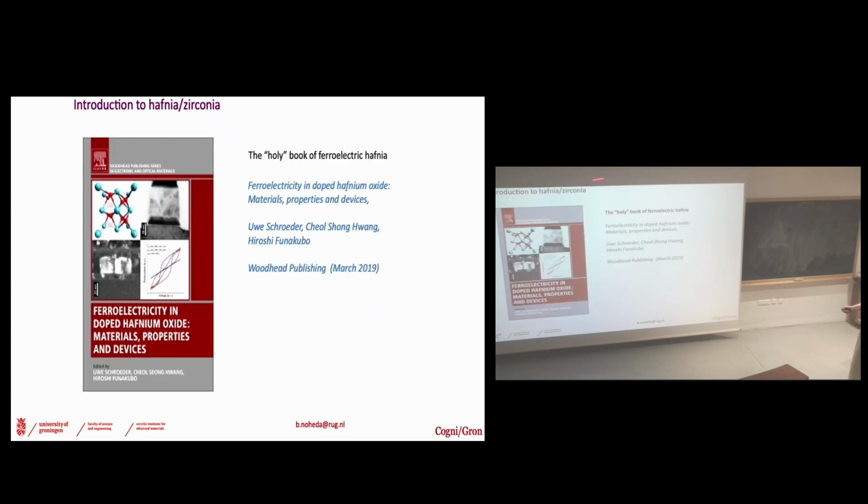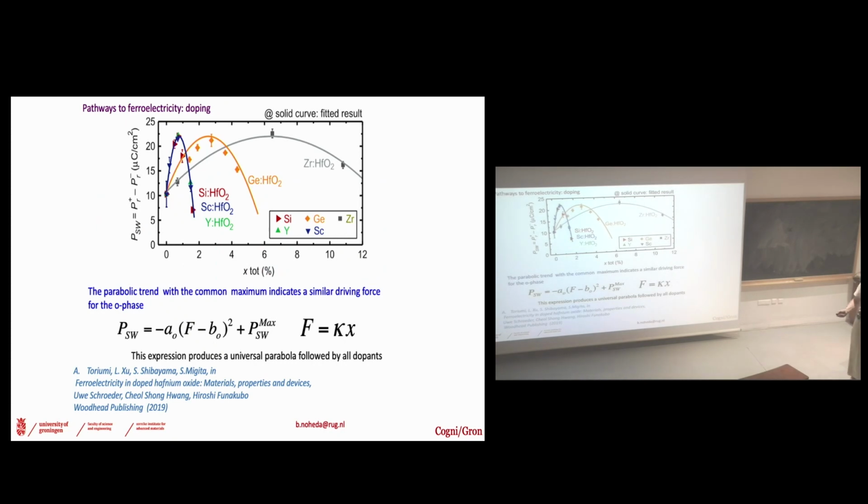How to do this? There are a lot of different strategies, and they are all gathered in this very, very useful book. If you are working on hafnia, you really need to get this book. I'm going to mention just a little bit. You can change the volume by doping, and you can see here different dopants actually help, and you can see the polarization values with respect to the different dopants.